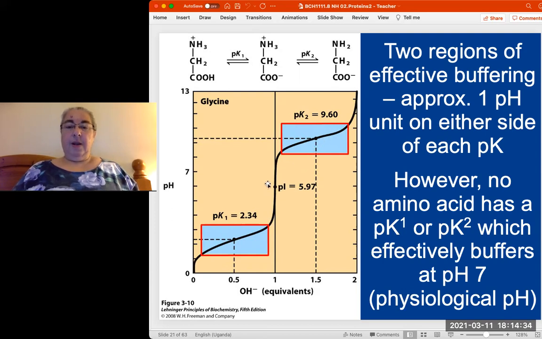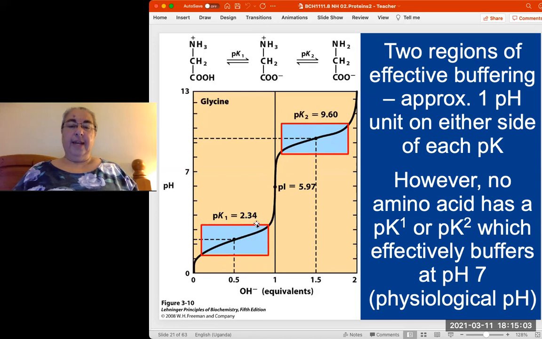So when we're talking about amino acids in a biological system, inside a cell, which has a pH of about 7 most of the time, physiological pH, you can see that these buffering regions are quite a long way from that neutral pH.